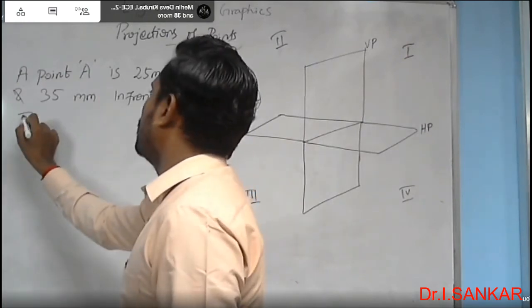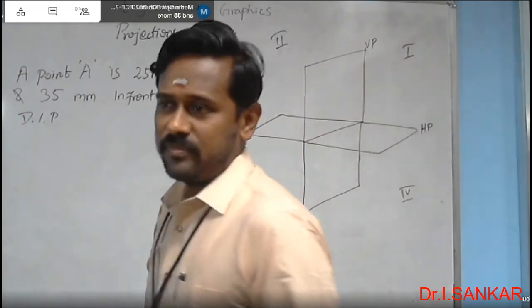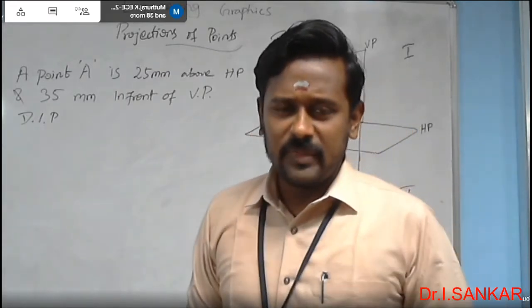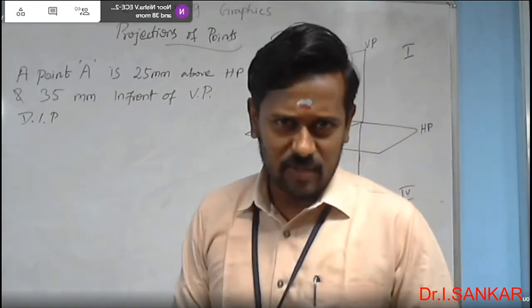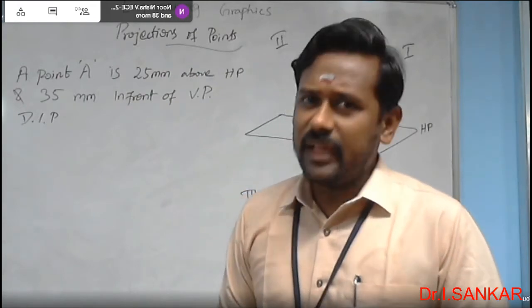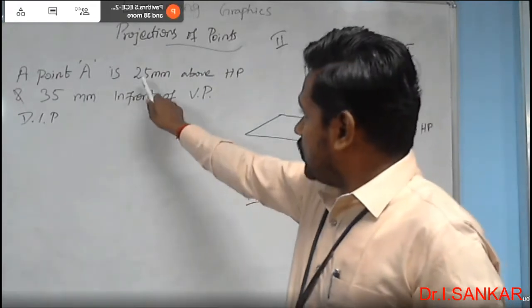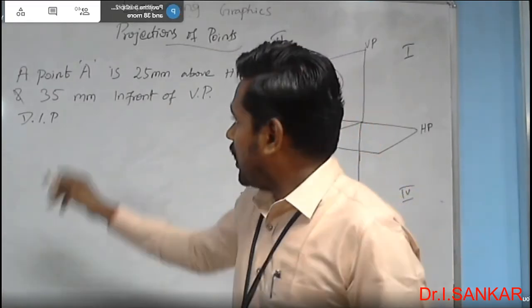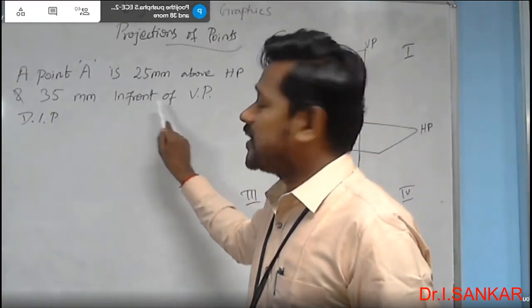You have to draw its projections. This is the question. A very simple question. A point is there. The point name is A. And that point is located 25 mm above the horizontal plane and 35 mm in front of the vertical plane.